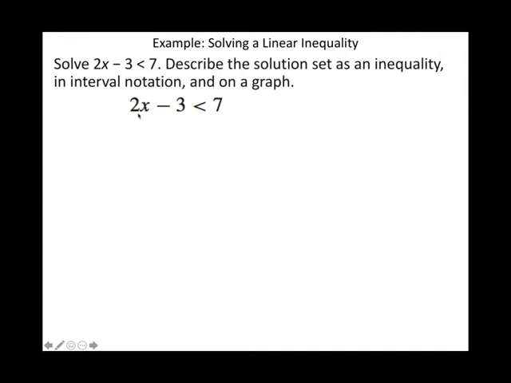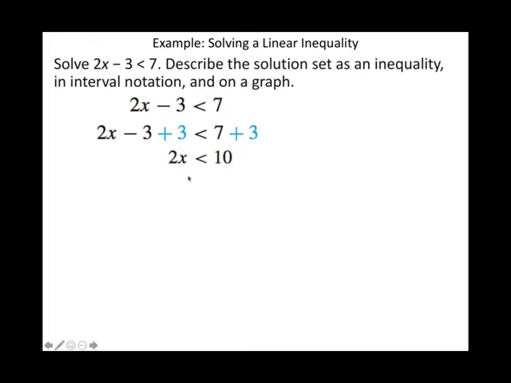So 2x minus 3 strictly less than 7. Just consider this like an equation. We want to isolate the 2x here. How can we get rid of the 3? We have a negative 3, so we're going to add 3 to both sides. Here it cancels out, and I'm left with 2x less than 7 plus 3, which is 10.